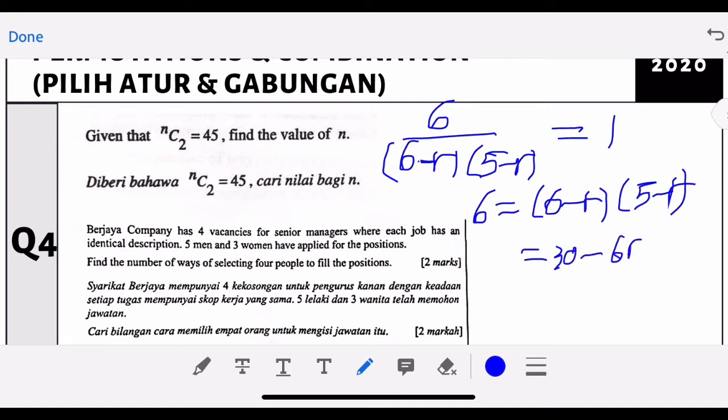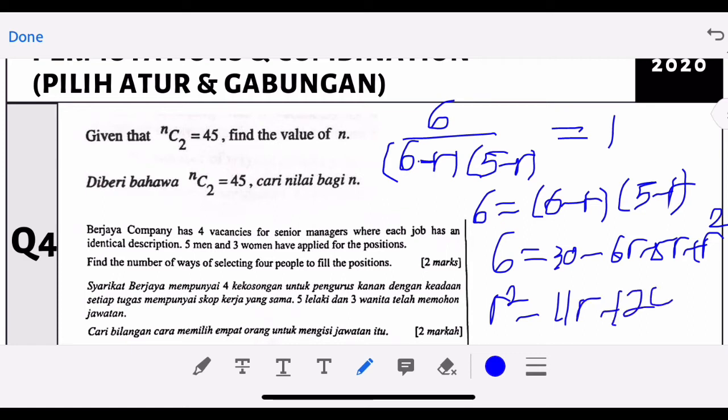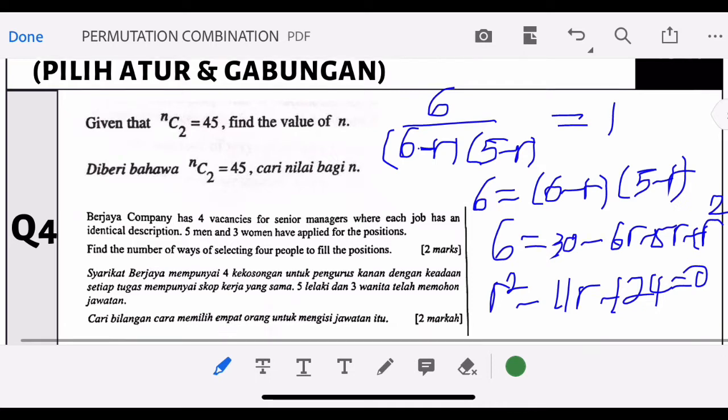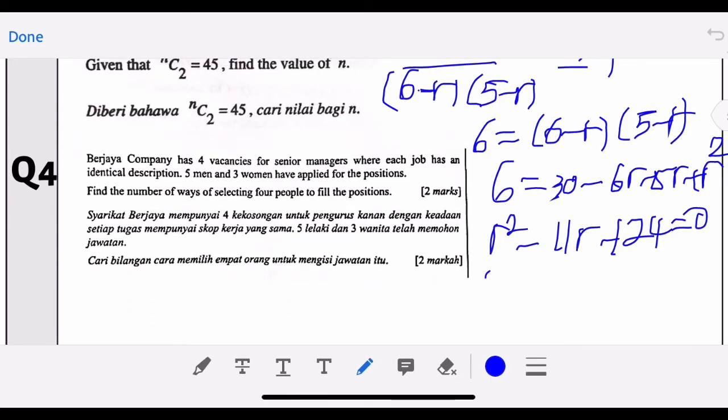6 times 5 is 30, minus 6r minus 5r plus r squared equal to 6. Then I will have the quadratic equation in terms of r. So finally I will have r squared minus 11r plus 24.